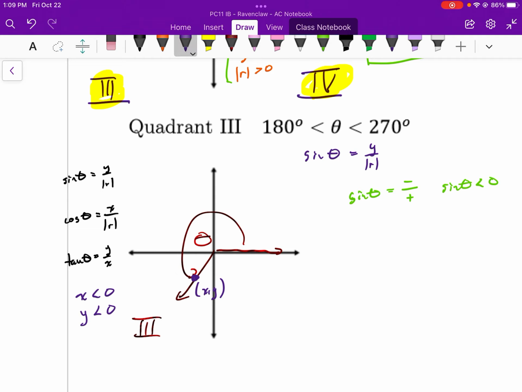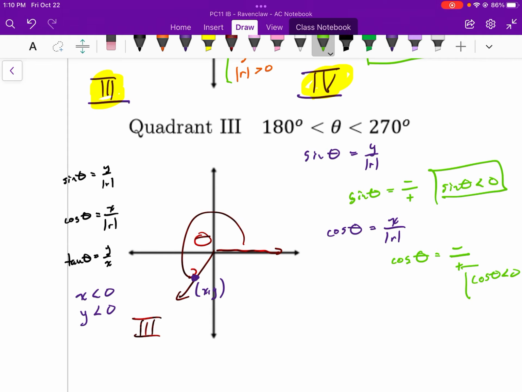Now for cosine theta is equal to x divided by my radius vector r. Well, x's are negative, so cosine theta is going to be a negative. My x-coordinate is negative divided by my radius vector r, it's always positive. So I can conclude that cosine theta is negative in quadrant number 3.